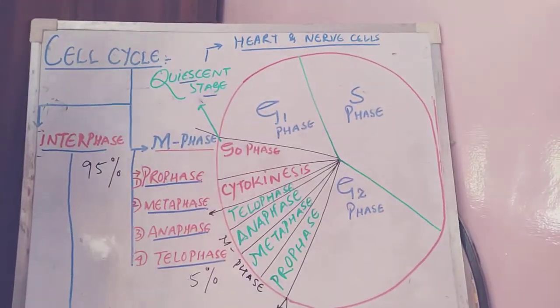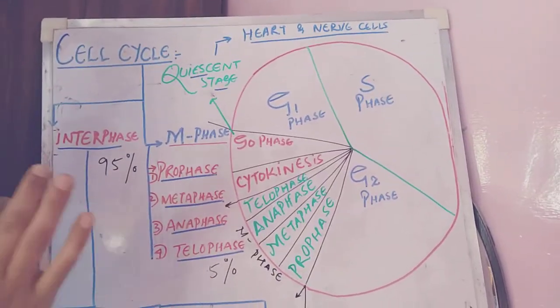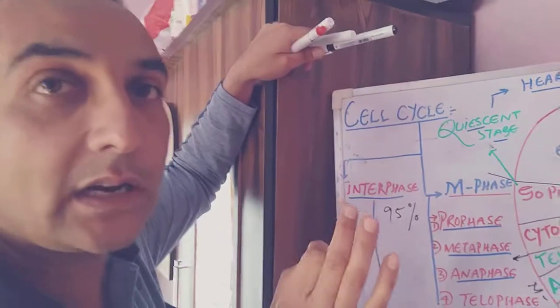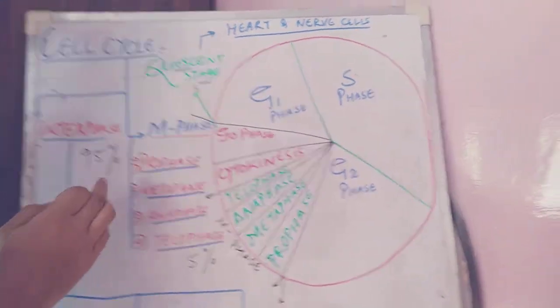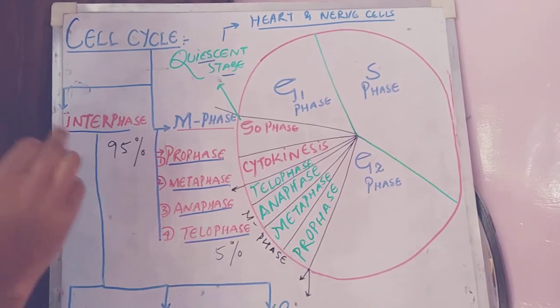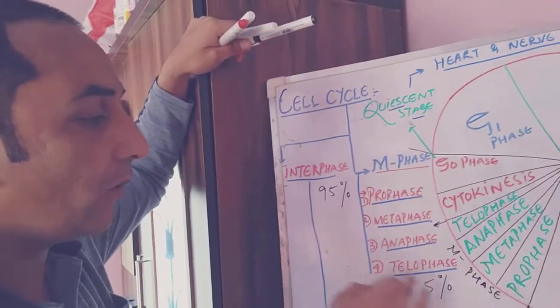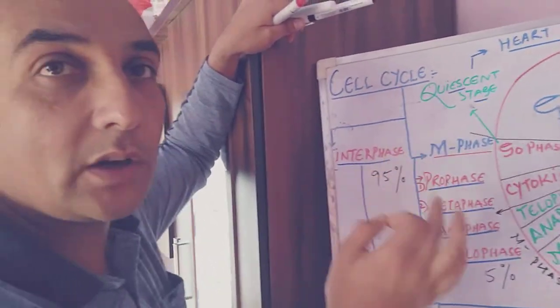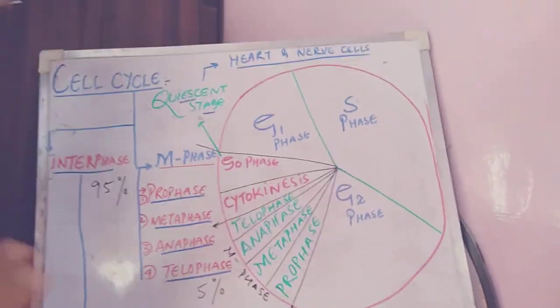So the cell cycle is divided into two subphases, that's the interphase and M phase. But we have to remember one point over here, that the total time of the cell cycle is divided into 95% and 5%. That is, the interphase or the preparatory phase, it consumes 95% of the cell cycle's time, whereas the actual division or the M phase, it consumes 5% of the time of the cell cycle.